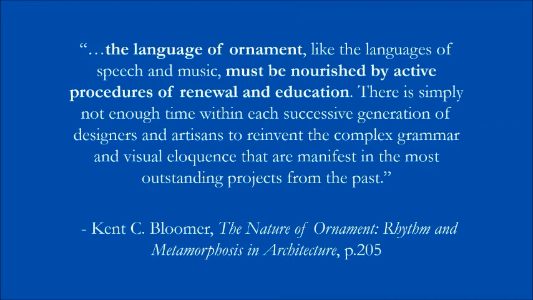He says, quote, "This language of ornament, like the languages of speech and music, must be nourished by active procedures of renewal and education. There is simply not enough time within each successive generation of designers and artisans to reinvent the complex grammar and visual eloquence that are manifest in the most outstanding projects from the past." So, how do we nourish and learn this language of ornament?